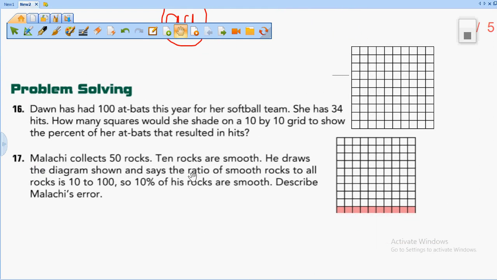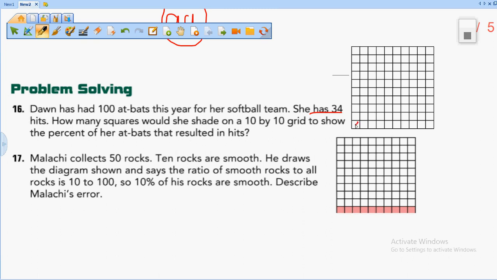Let's solve some problem solving here. Dawn has had 100 at-bats this year for her football team. She has 34 hits. How many squares would she shade on 10 by 10 grid to show the percent of her at-bats that resulted in hits? Look here. She has 34, so we will shade 34 parts.